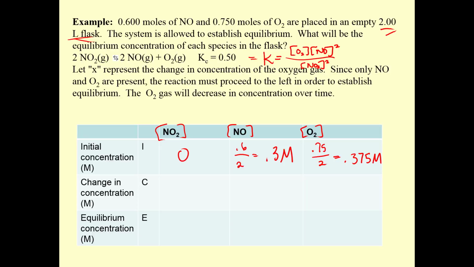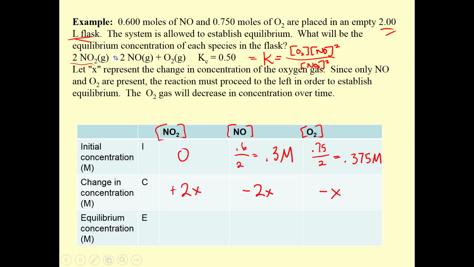All right, and so if you look at this, if these are going to react, then we're going to get 2 times the amount of the oxygen. And then for this, we're going to be subtracting 2x of that, because some of that's got to go away. But every time 2 of those goes away, 1 of those goes away.